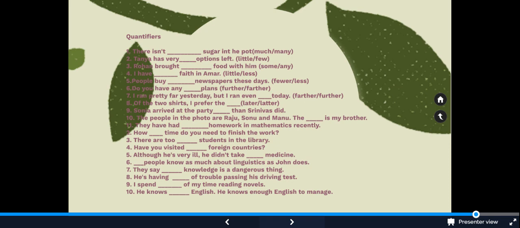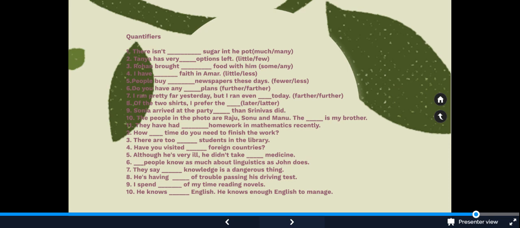Ninth one. Sonia arrived at the party dash than Srinivas did. In bracket, you have later, latter. Which one will you use? Later than Srinivas did. The same options, later, latter. Again, in the 10th sentence, the people in the photo are Raju, Sonu, and Manu.